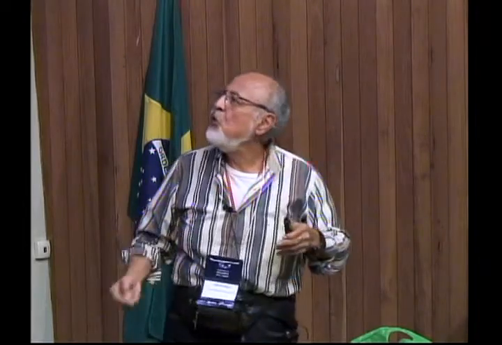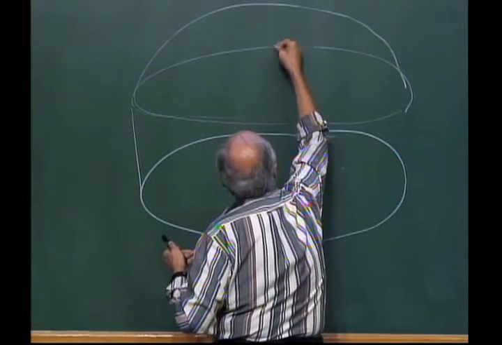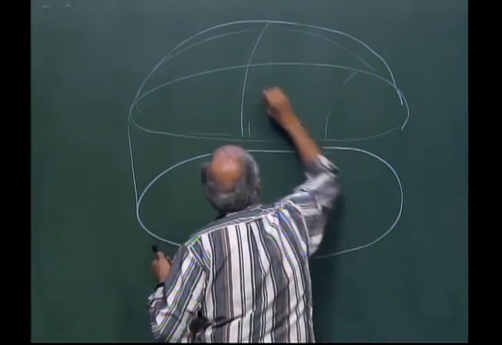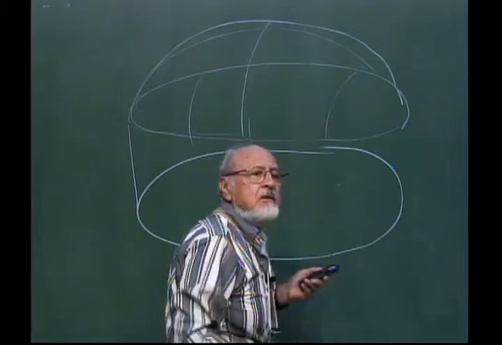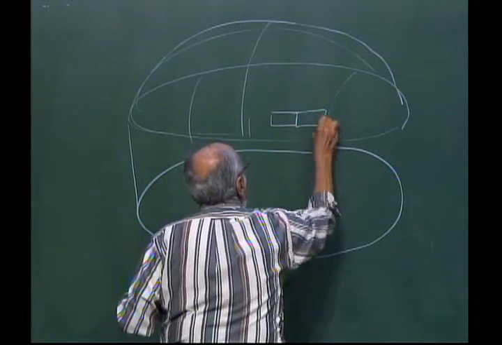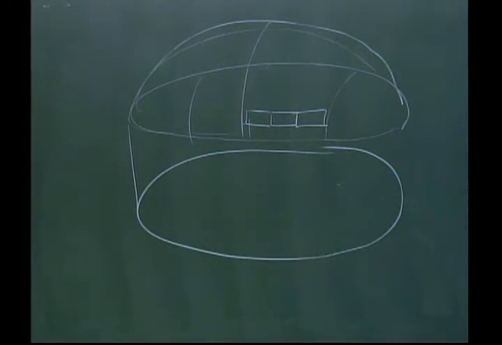So you have an elliptic terrain, and here you have the ceiling, and you have to put bricks here without iron.